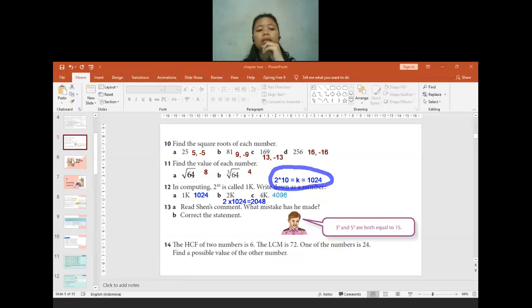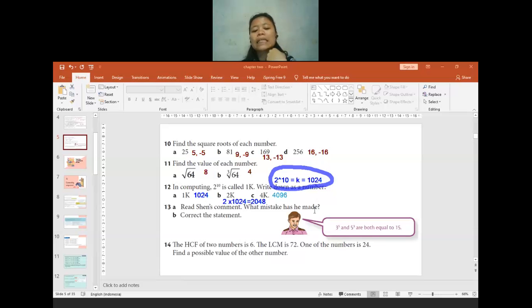For question B, correct the statement. The answer will be 3 to the power of 5 is equal to 243.